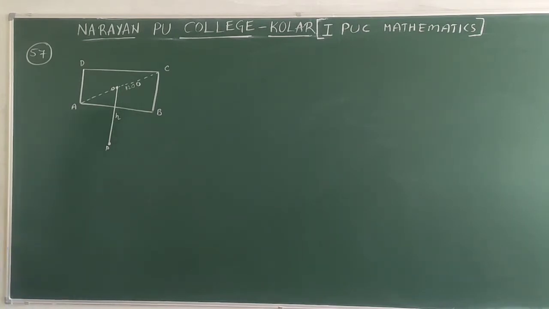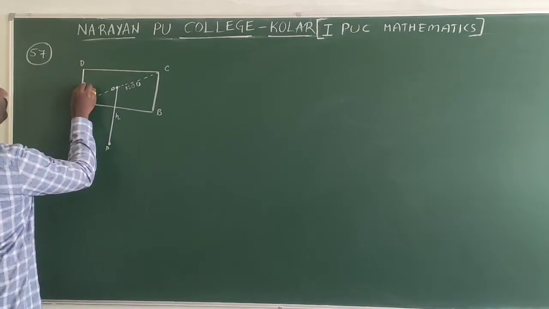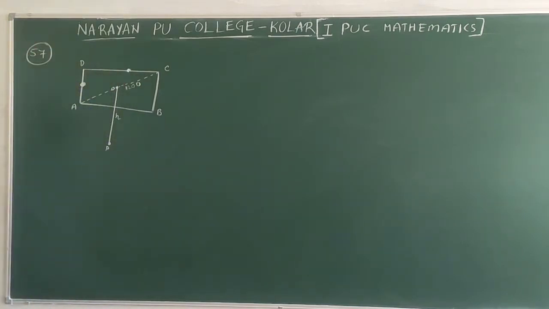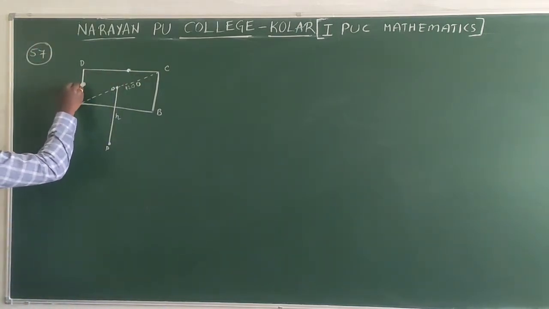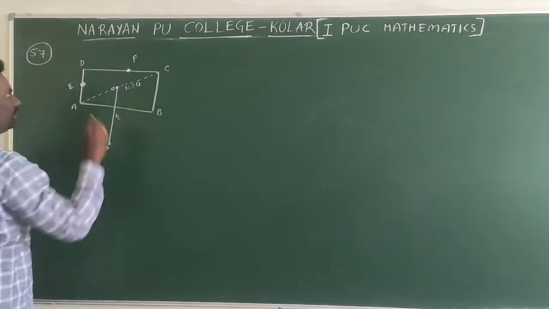And it subtends angles 15 degrees and 45 degrees at the midpoints of the sides of the field. I am taking, this is the midpoint of AD and this is the midpoint of CD.